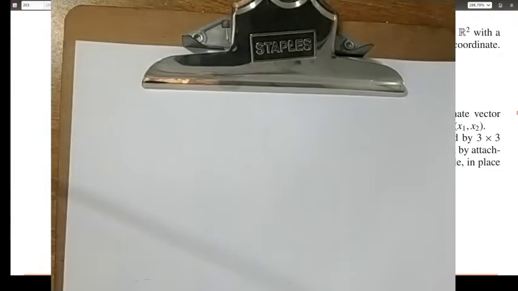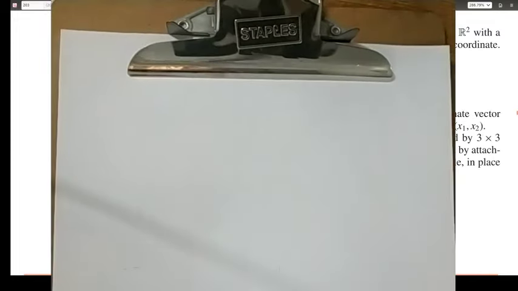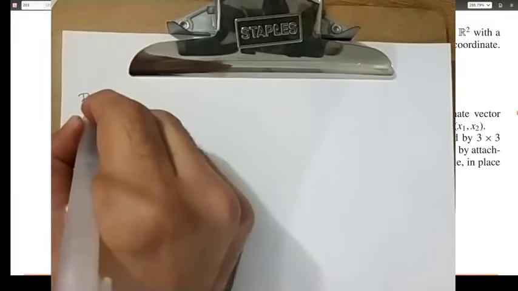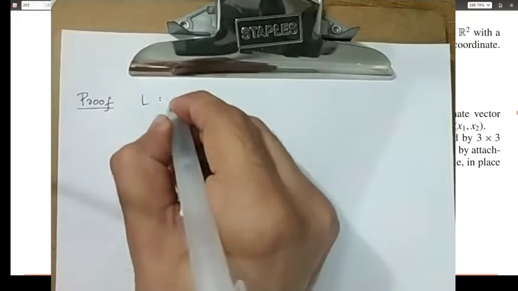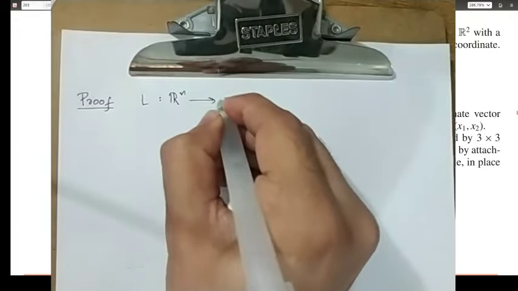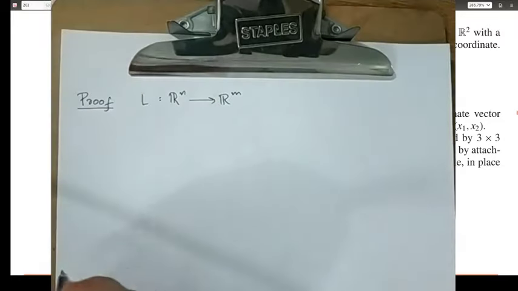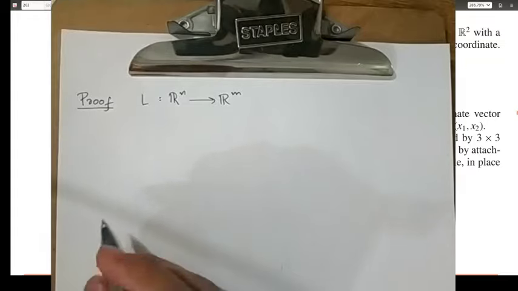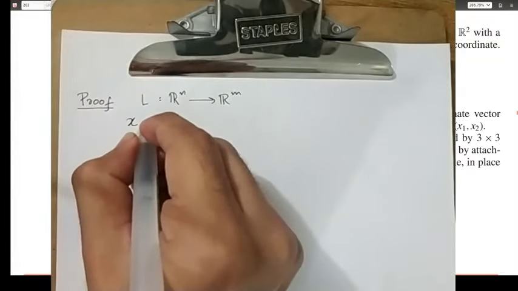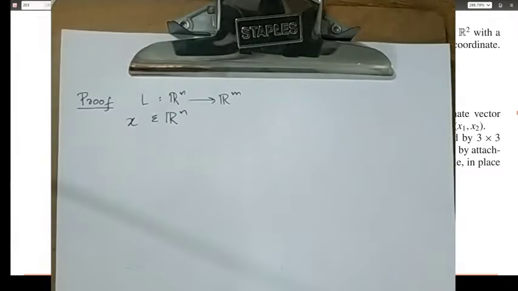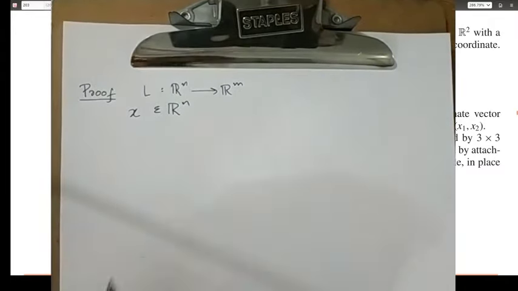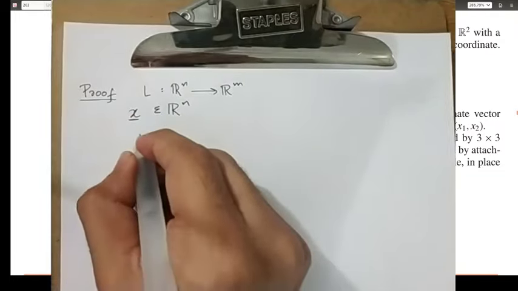So let's prove this theorem. We have a linear transformation going from Rn to Rm. Let's suppose x belongs to Rn. Then of course we have L of x.